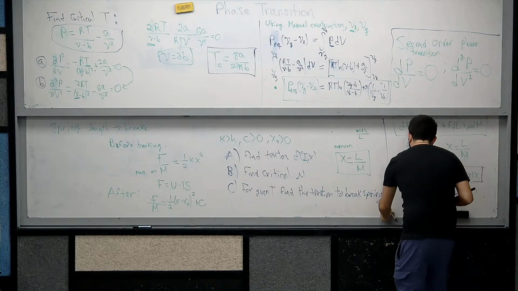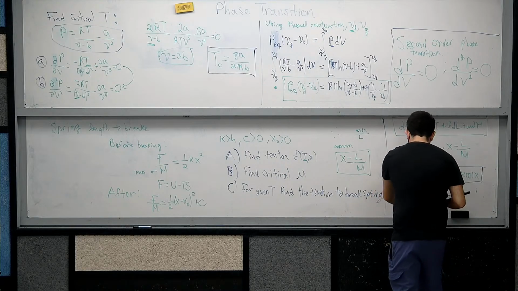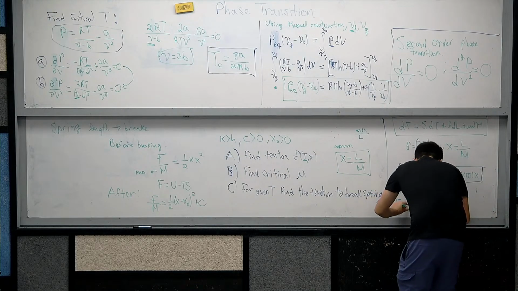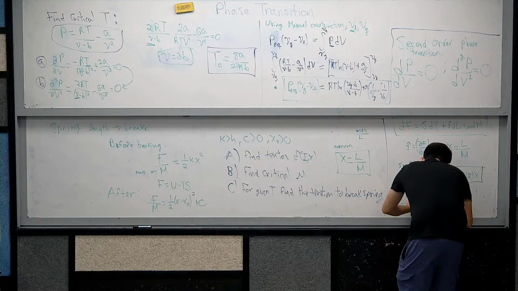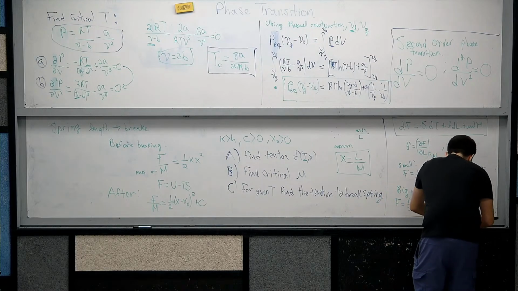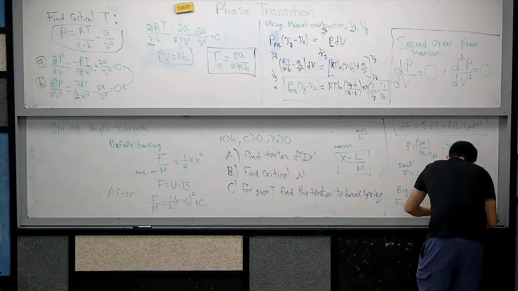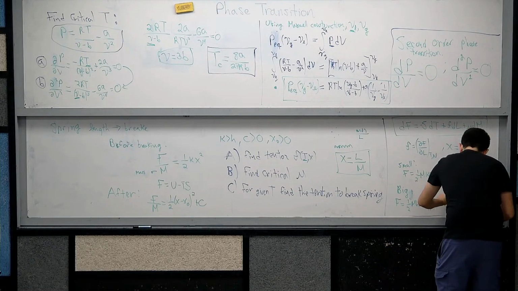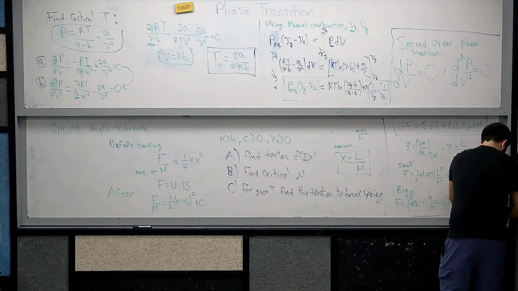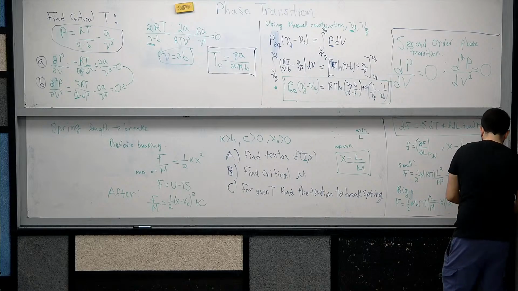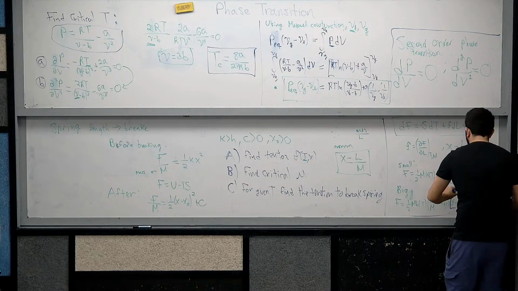And for B, after doing a hard enough elongation, this is the free energy that I'm getting.